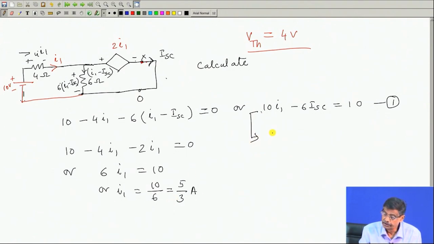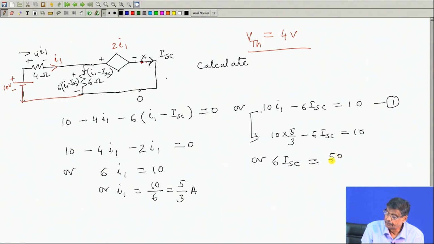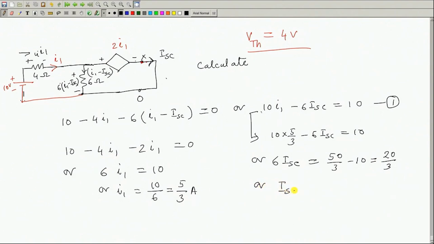So, I 1 is known, 10 into 5 by 3 minus 6 I_sc is equal to 10, or 6 I_sc is equal to 50 by 3 minus 10, which is equal to 50 minus 30, 20 by 3, or I_sc, the short circuit current, is equal to 20 by 3 into 6, and this is 10 by 9 ampere.